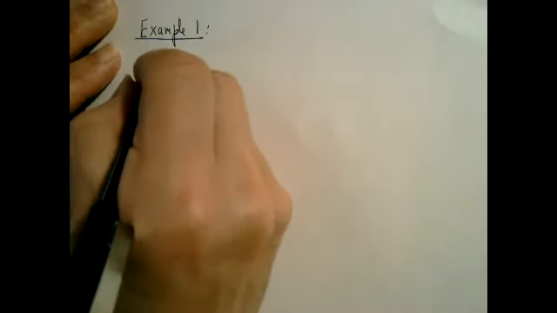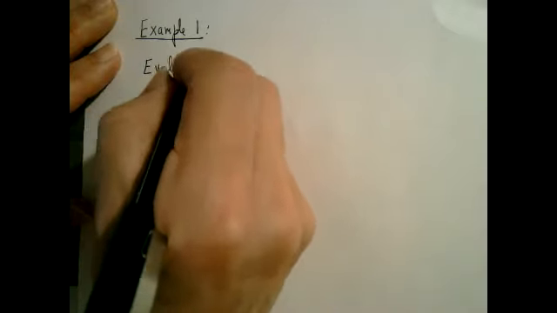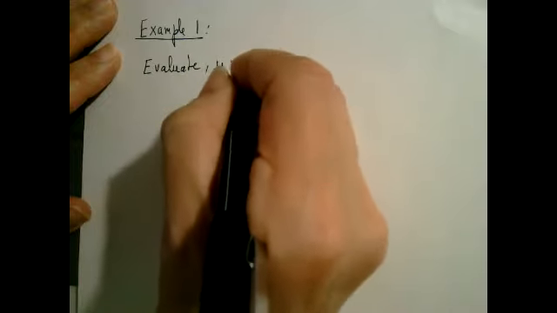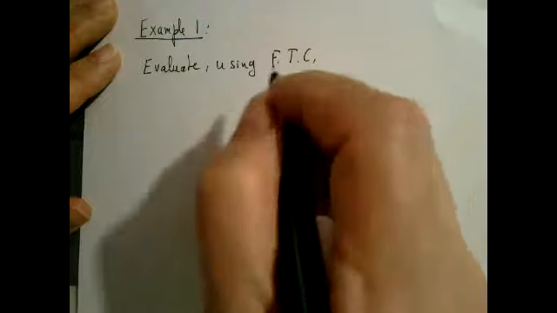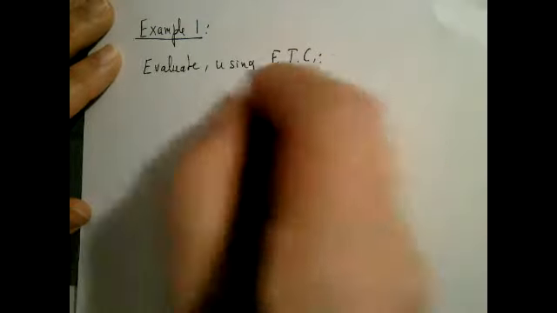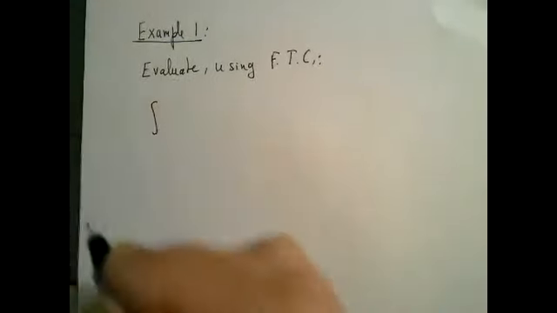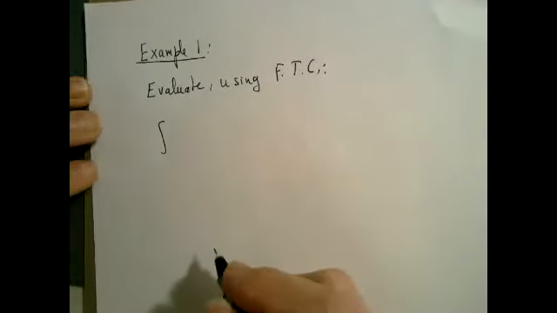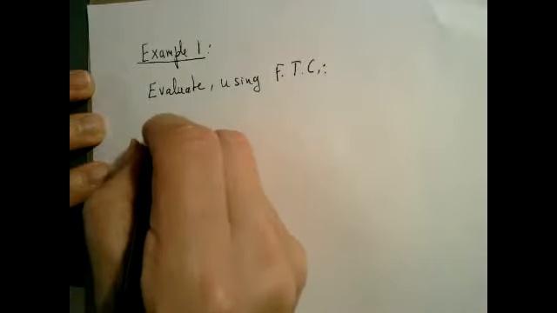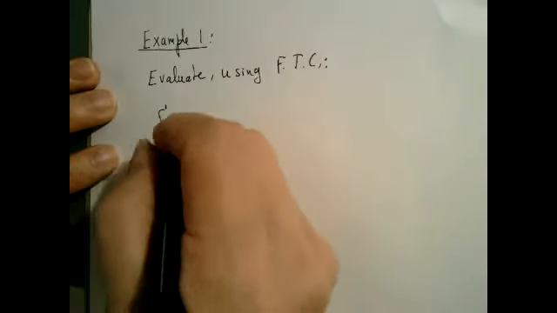Evaluate, using the fundamental theorem of calculus, of course, the following integral. I'll start with a simple one, as I said: the integral from, let us say, 0 to 1 of x squared plus 6 dx.